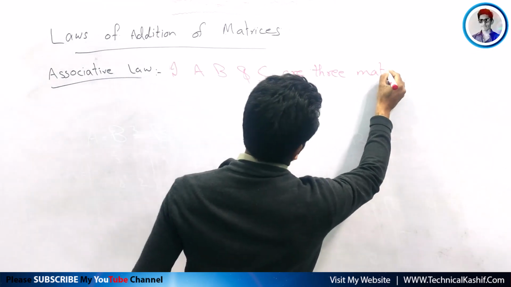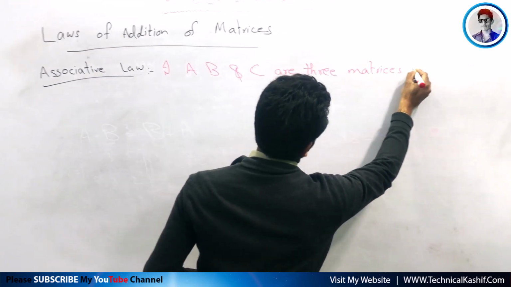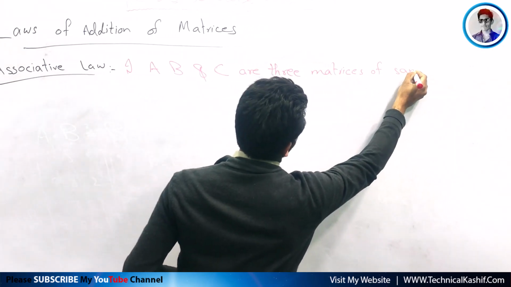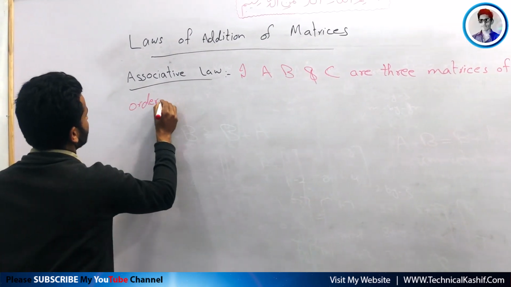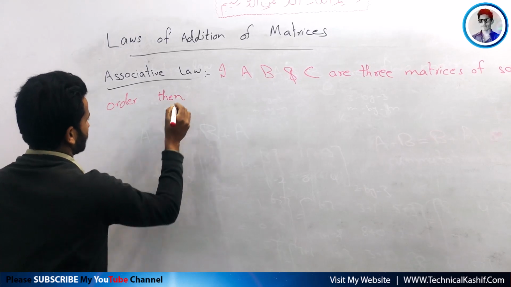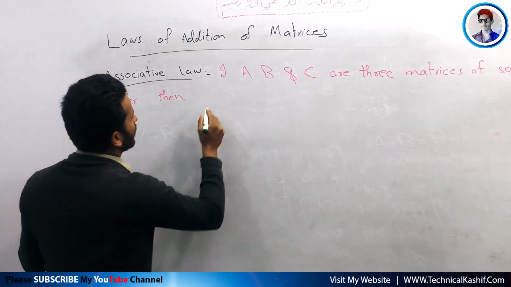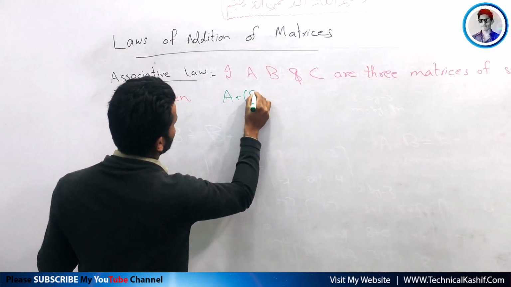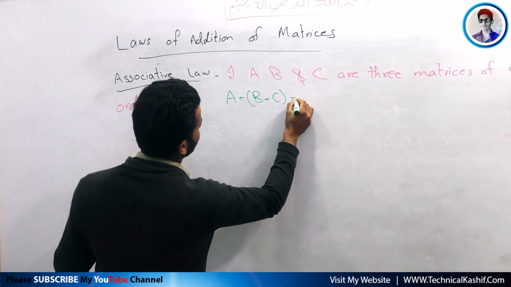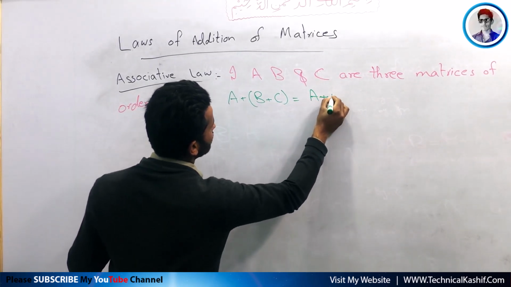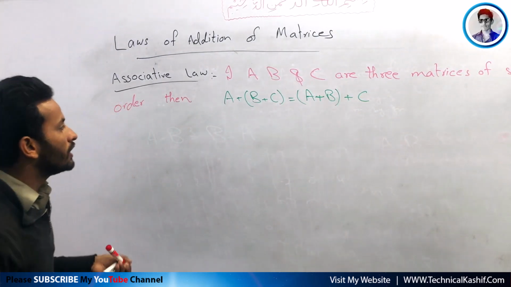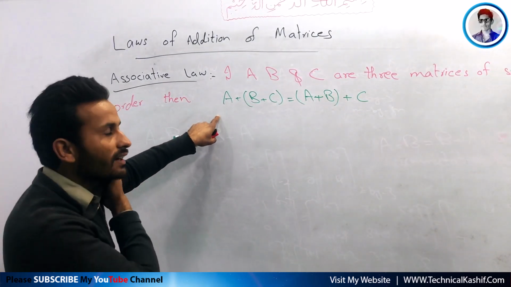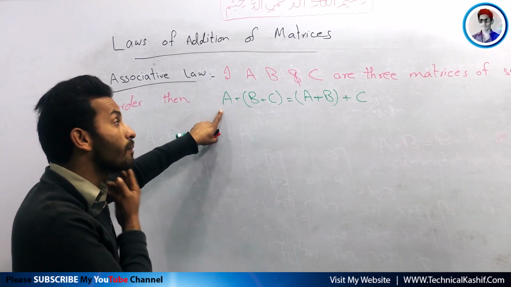of the same order, then A plus (B plus C) is equal to (A plus B) plus C. We have three matrices A, B and C having the same order.